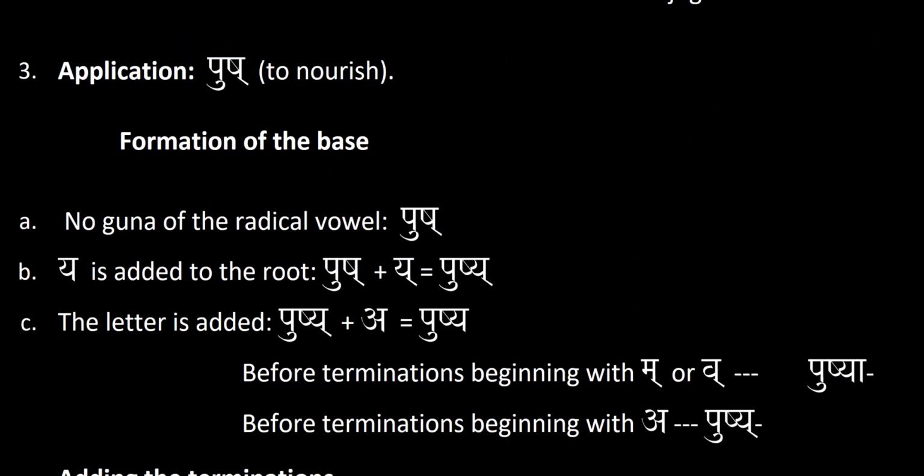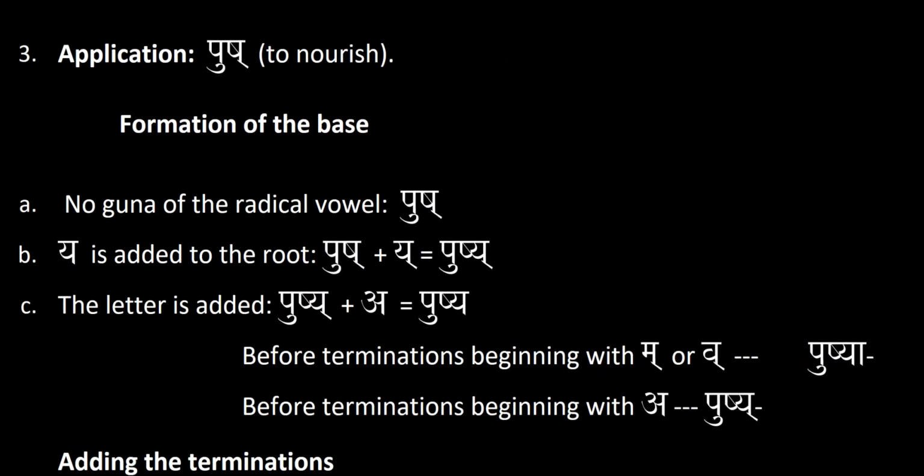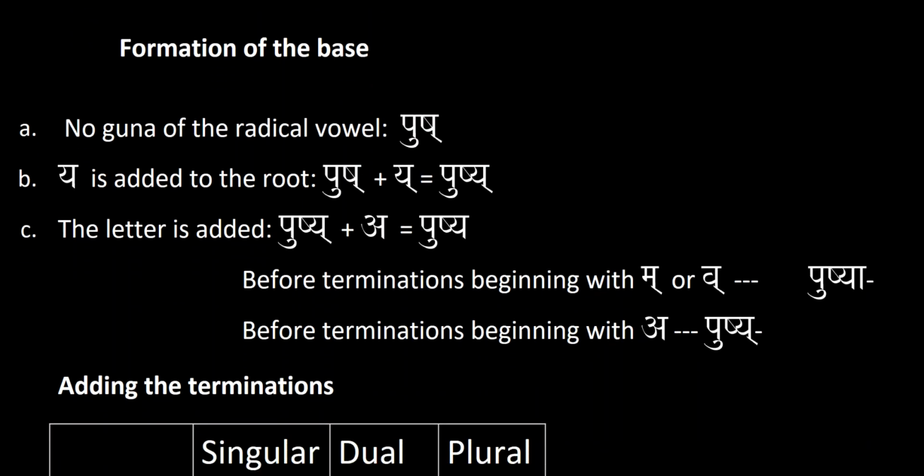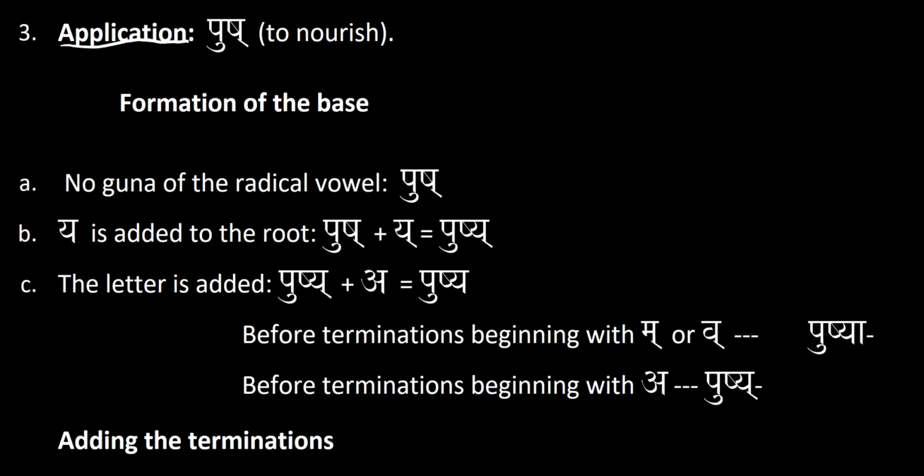So application of the fourth conjugation. What we will be applying here as our example would be the root word to nourish, and that word is push, and that means to nourish. Now let's take a look at the formation of the base. So remember, in the fourth conjugation, it doesn't take guna, so it just remains as push, but then ya is added to the root, so you have push plus ya becomes pushya.